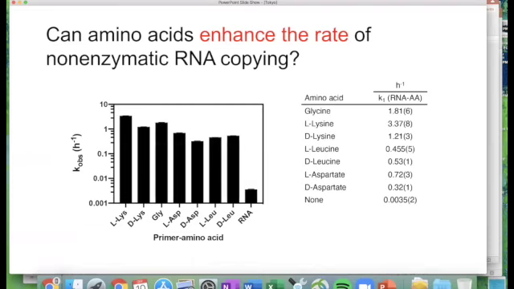Here, the effect of covalently attached amino acids was even more impressive. In this case, we compared a panel of amino acids. At 2.5 millimolar magnesium ions, the rates for all amino acids tested were 2 to 3 orders of magnitude greater than for native RNA. Intriguingly, for 2 out of 3 amino acids tested, there was a preference for ligation of the L enantiomer, which is the form found in existing biology.